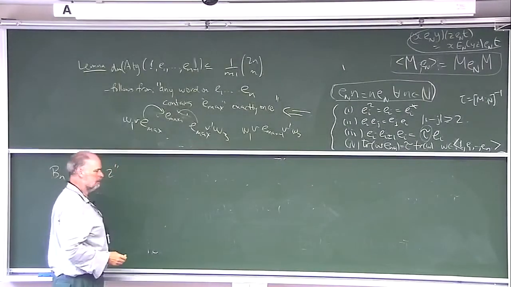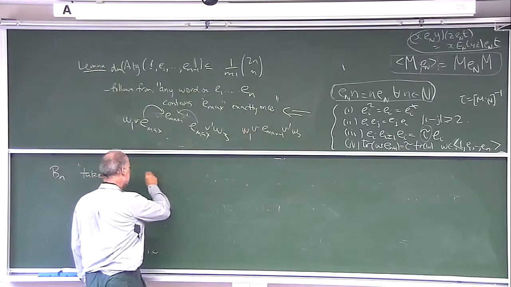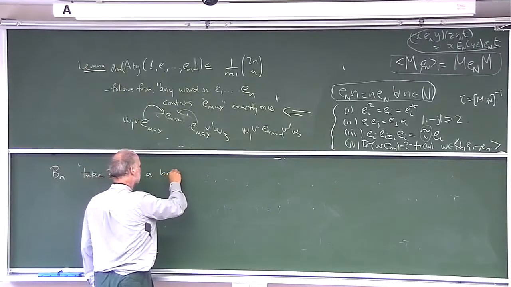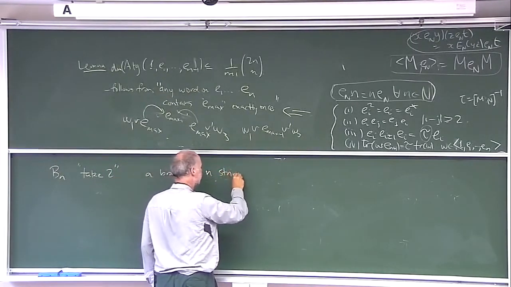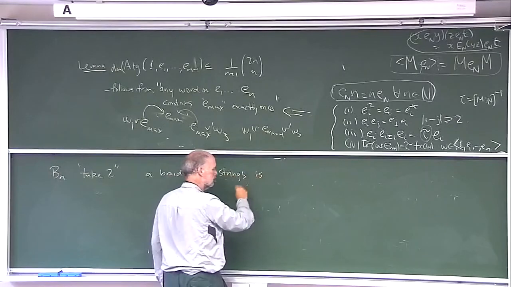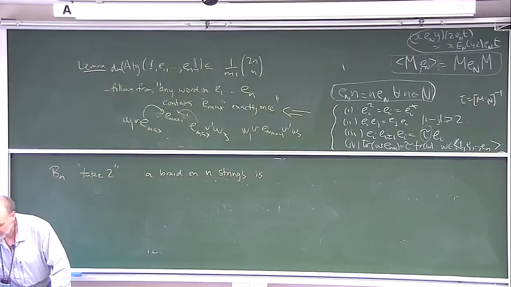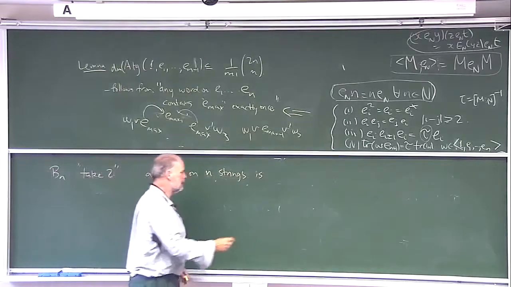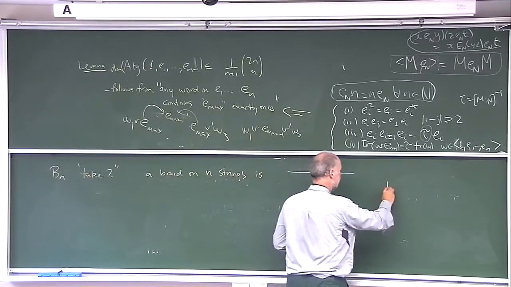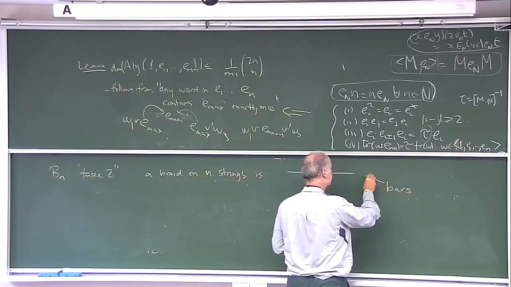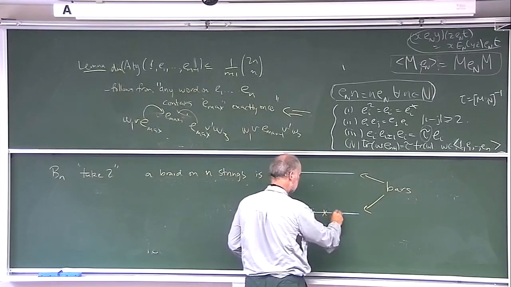So this is a quite mechanical point of view. A braid on n strings is the following device. We have two horizontal bars with n points on the bottom bar, say.